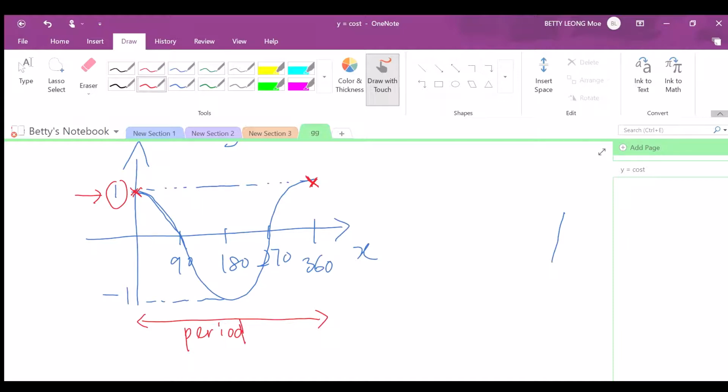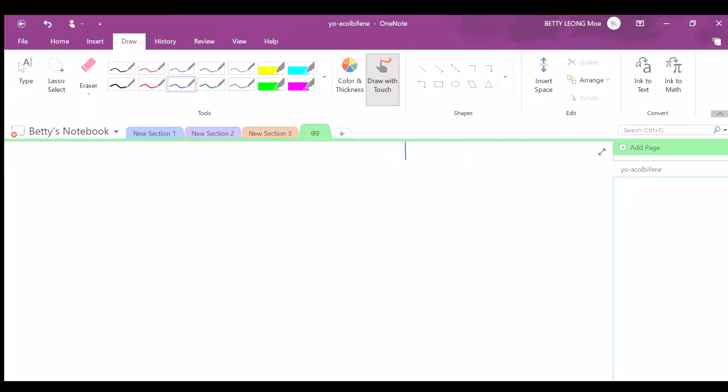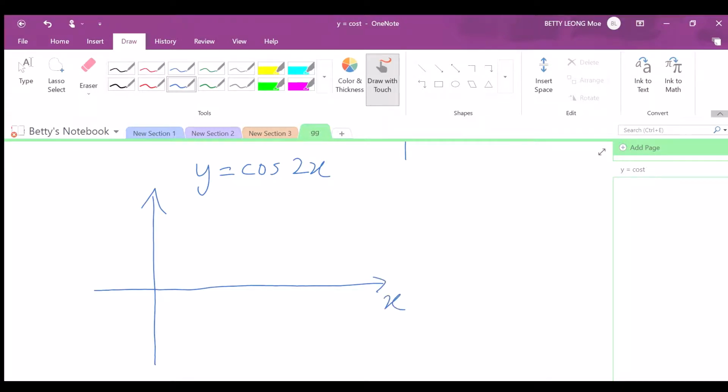Now we want to see if it becomes y equal cos 2x. So the graph will be like this. This is your x, this is your y.